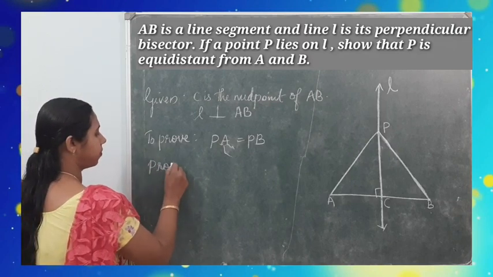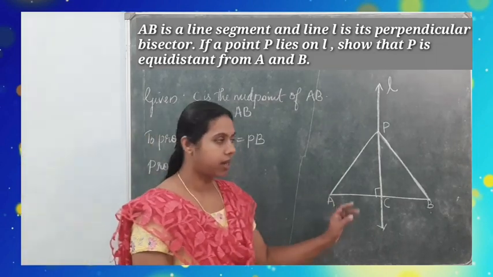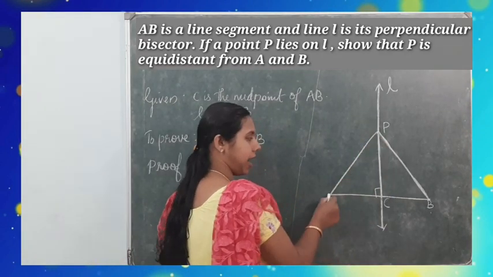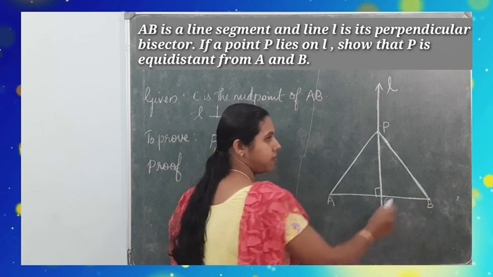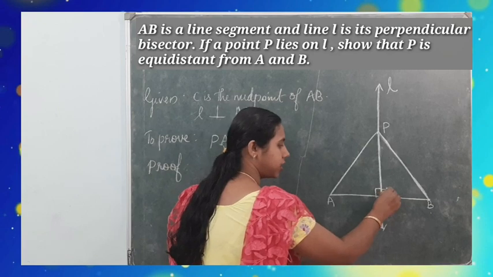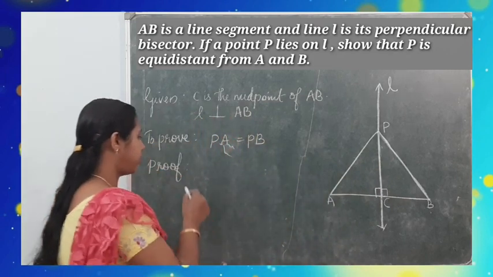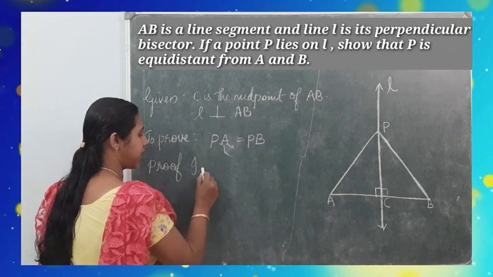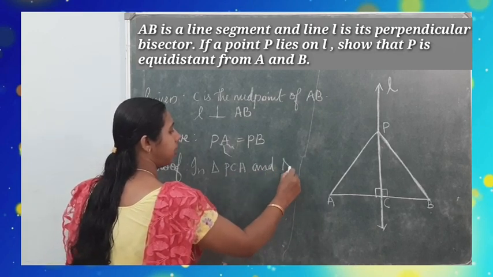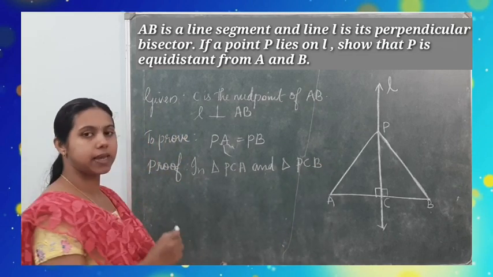To prove this statement, first you have to consider the triangles. In this figure you can see two triangles, triangle PCA and triangle PCB. We know that this line is perpendicular to AB, so this angle is 90 degrees and this is also 90 degrees. You should write which two triangles we are considering: triangle PCA and triangle PCB. We know that C is the midpoint of AB.